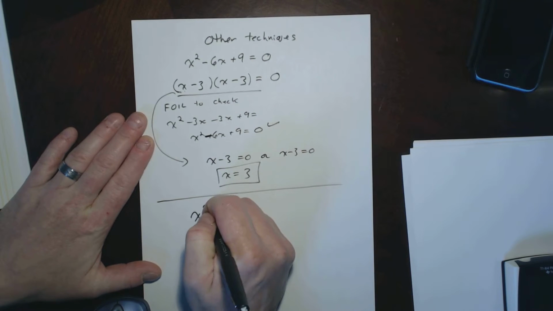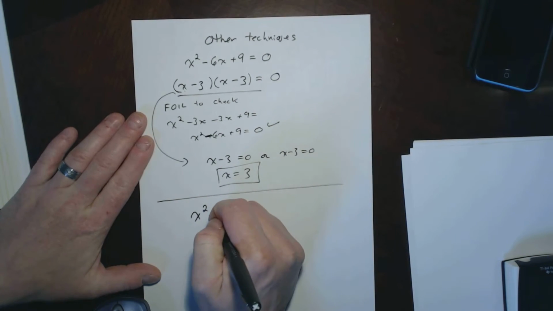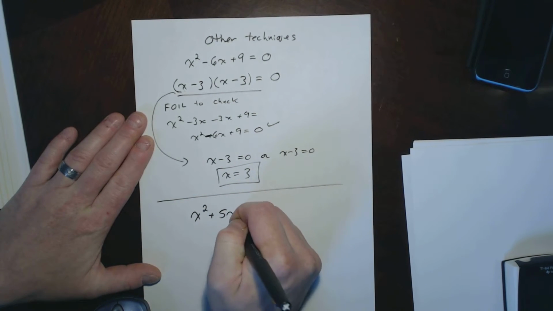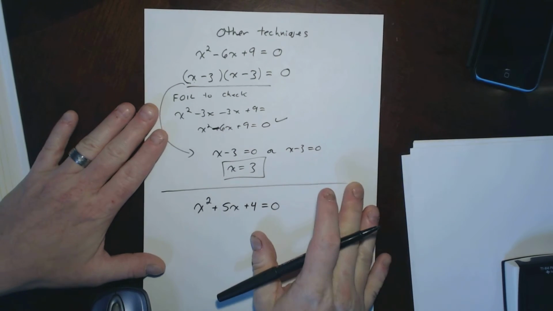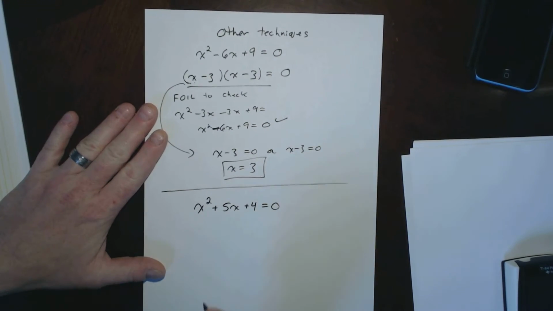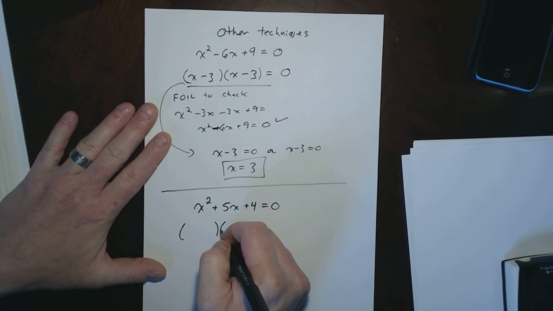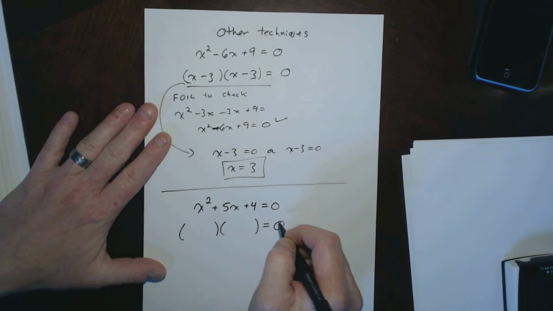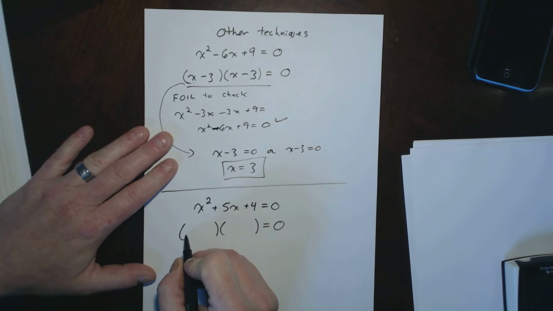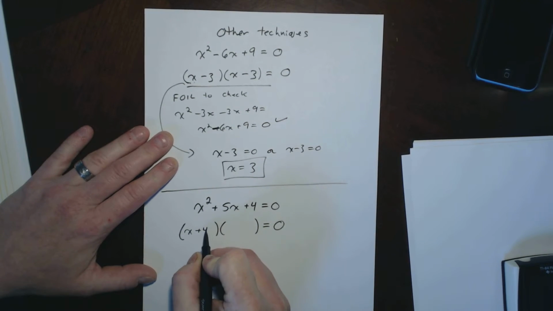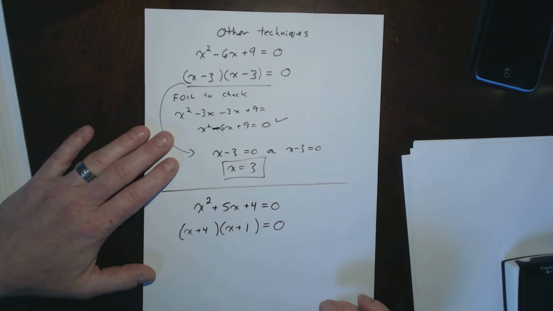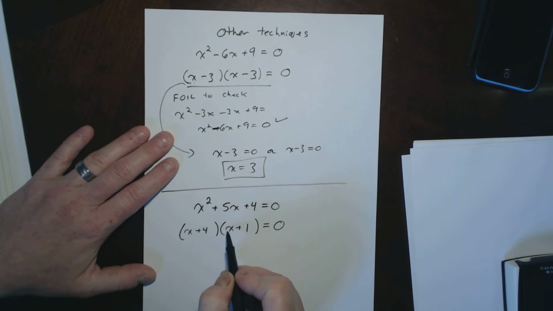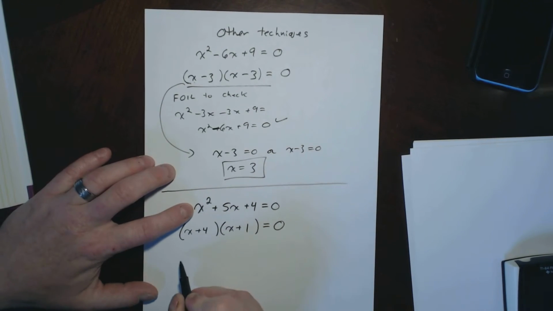Another type is something like x squared plus 5x plus 4 is equal to 0. Here I'm going to try to factor this using our double distributive property. I'm going to try (x plus 4) and (x plus 1). Here, x times x gives me x squared. That's great.